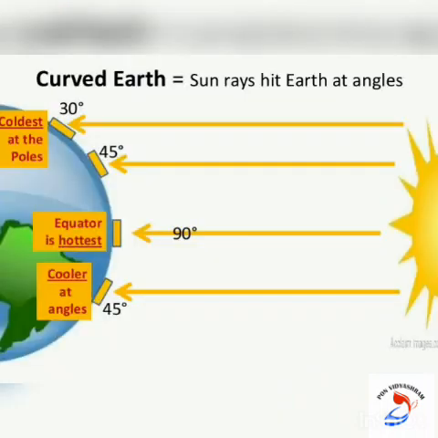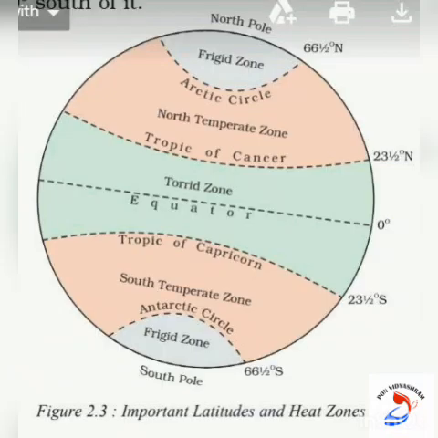The Torrid Zone is the place where the maximum amount of heat is received. Then the temperate zones, where the earth receives slanting rays of the sun, so it receives less heat. At the frigid zones we receive extreme slanting rays, so that place is very cold.